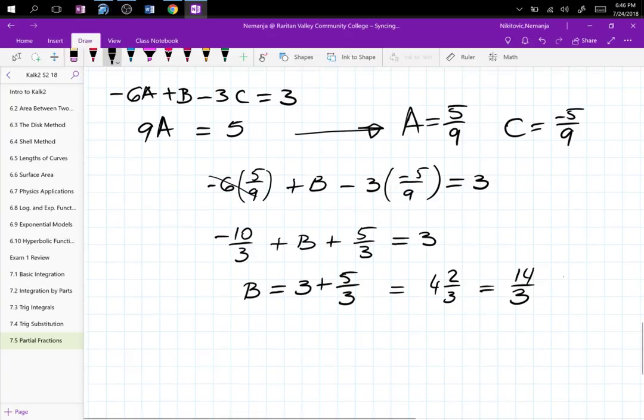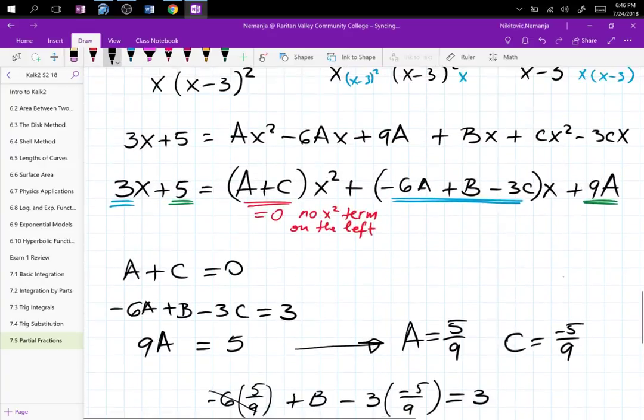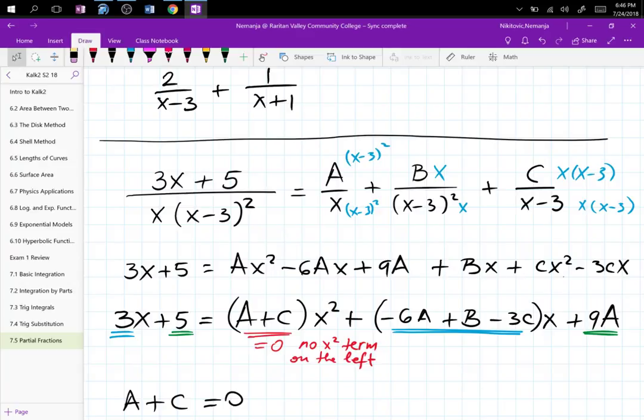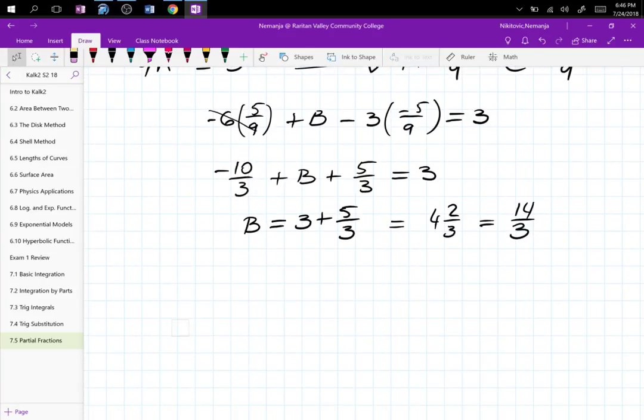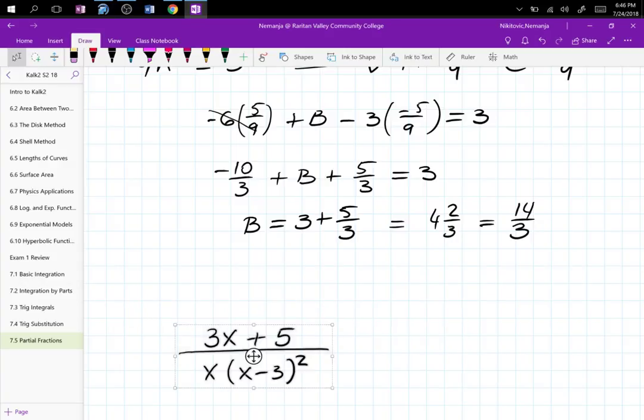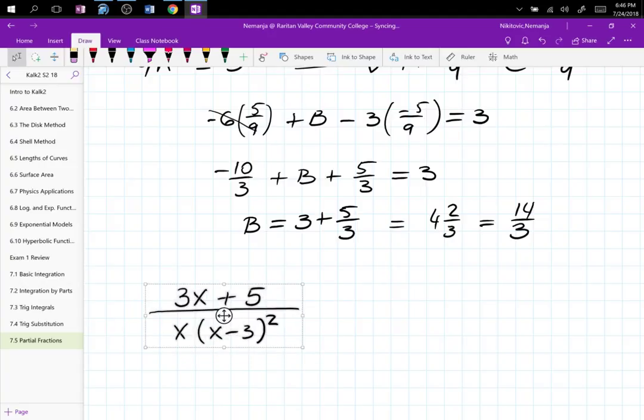I'm done. So my partial fraction decomposition for this problem here is equal to a, which is 9/5 over x, plus b times x.